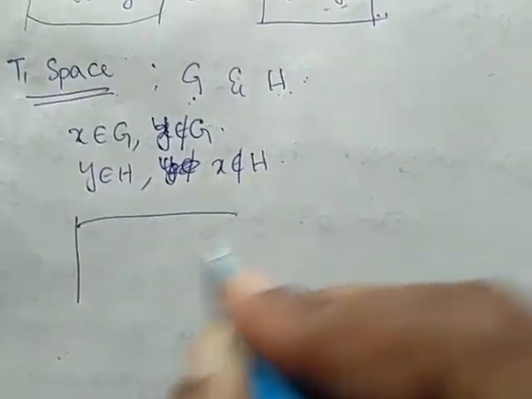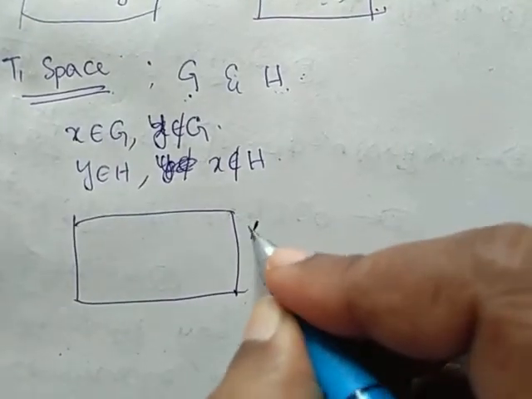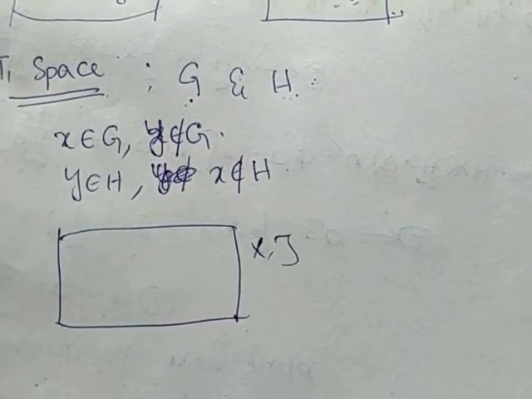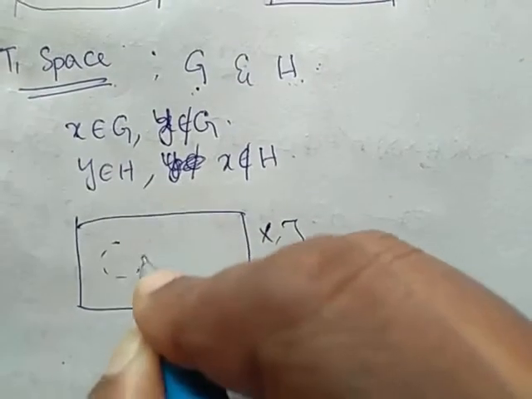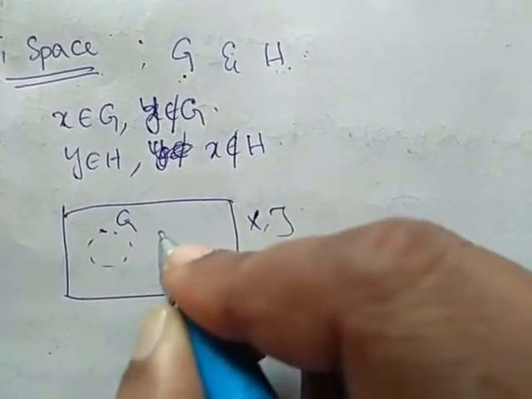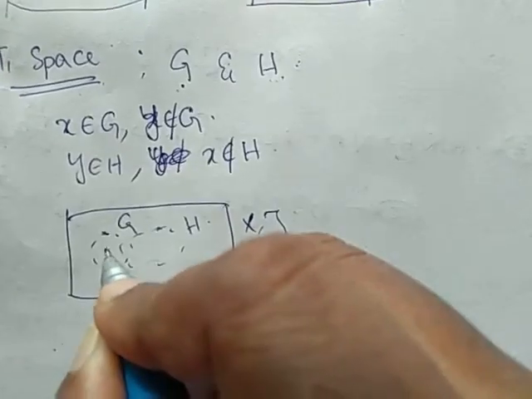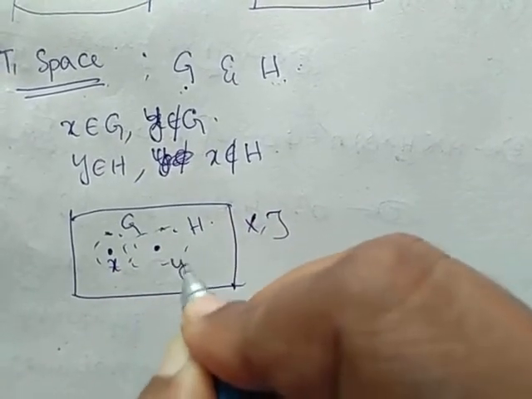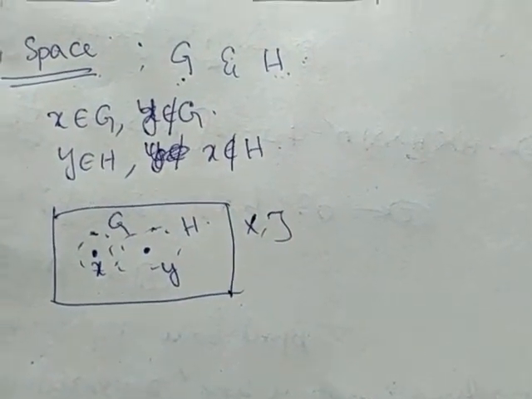See, if this is our topological space (X, tau), there exist open sets G and H such that one point belongs to one of the open sets and the other point belongs to the other open set.